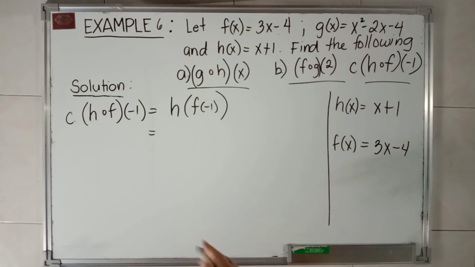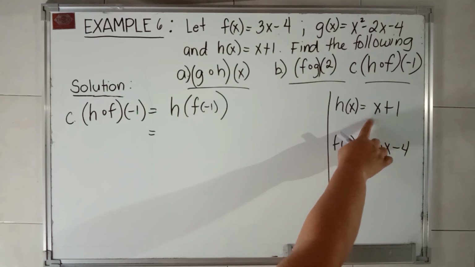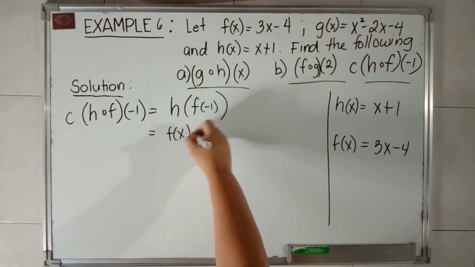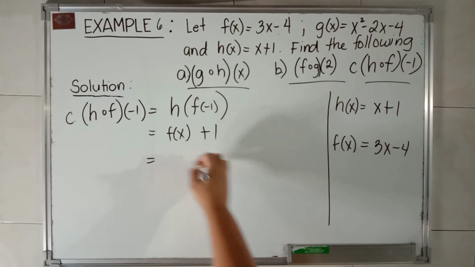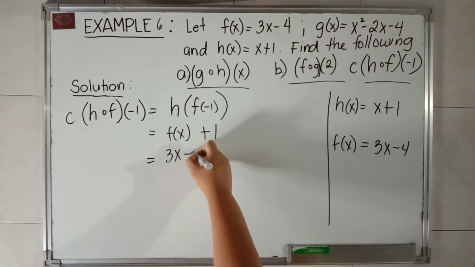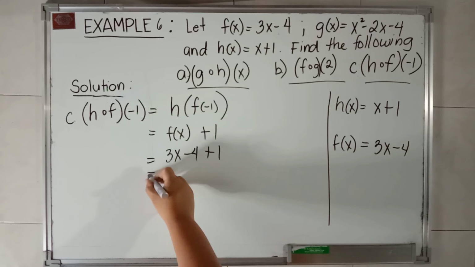So in place of x in x plus 1, we will write f of x. So f of x can be replaced by 3x minus 4 plus 1.